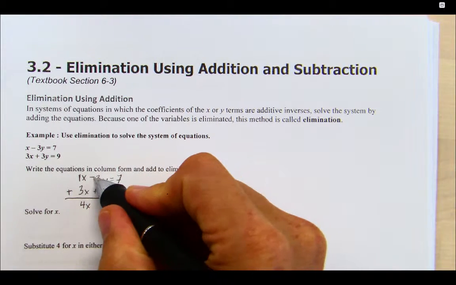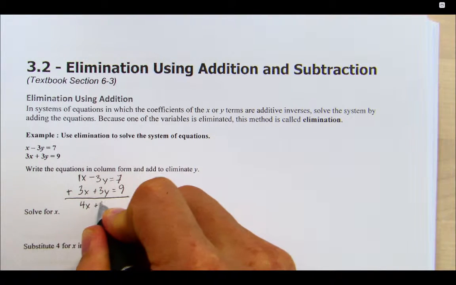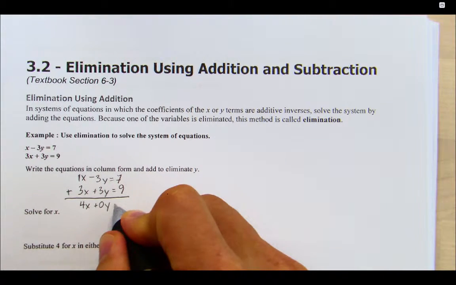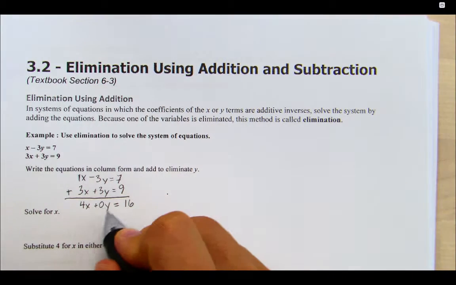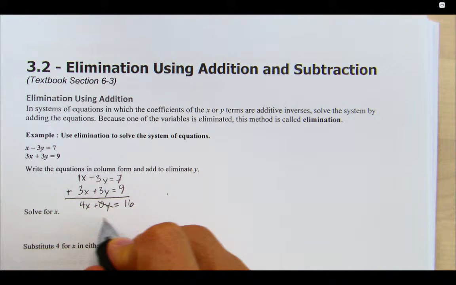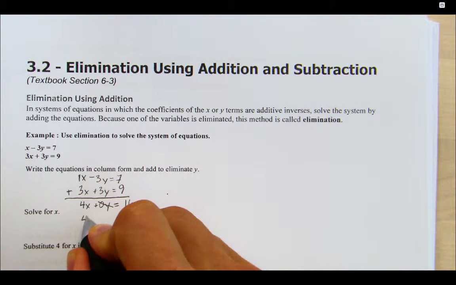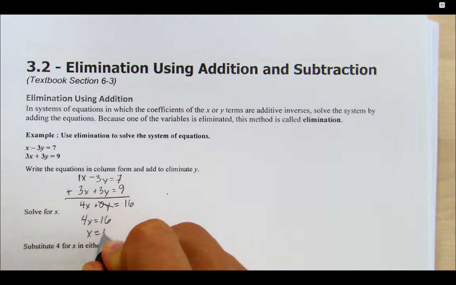And then negative 3y plus 3y gives me 0y, or just 0. And I add these two up and I get 16. Because I got 0y there, I got nothing. And now I can solve for x. So 4x is equal to 16. So x is going to equal 4.